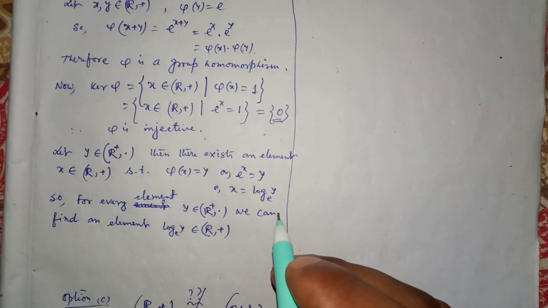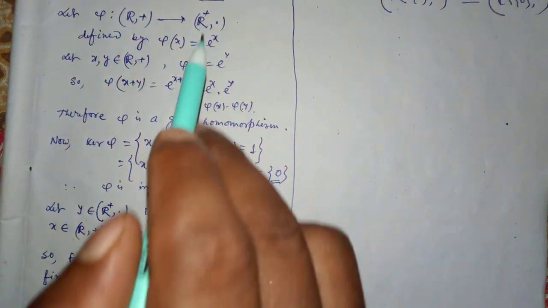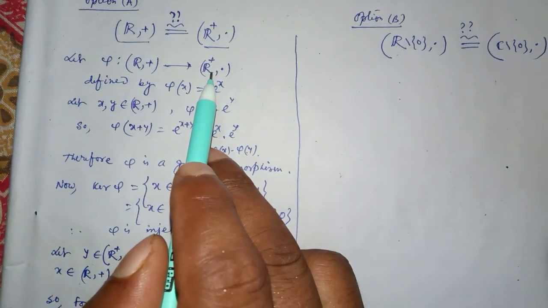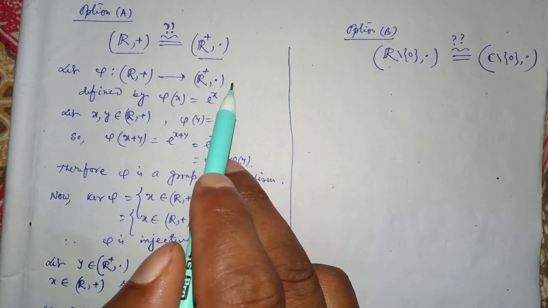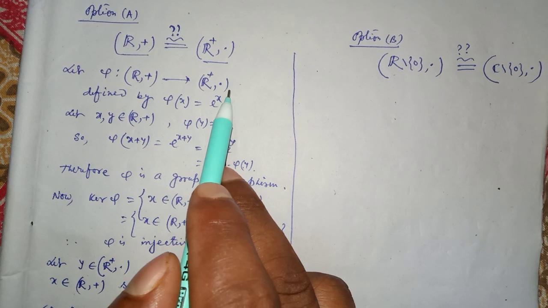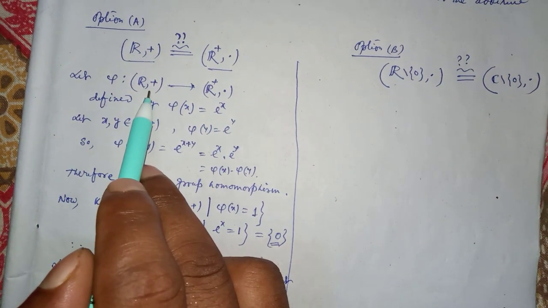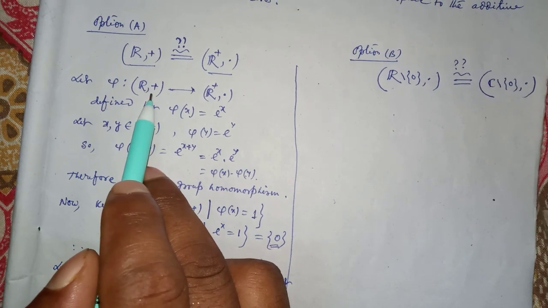So for every element in the group R plus dot, the multiplicative group of positive real numbers, we can find the pre-image in the additive group of real numbers.